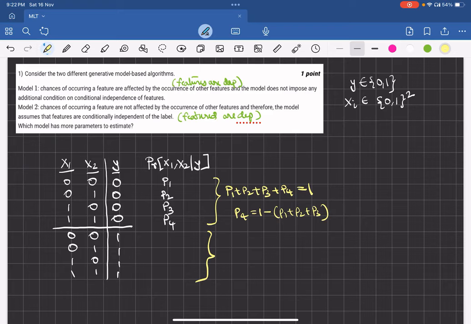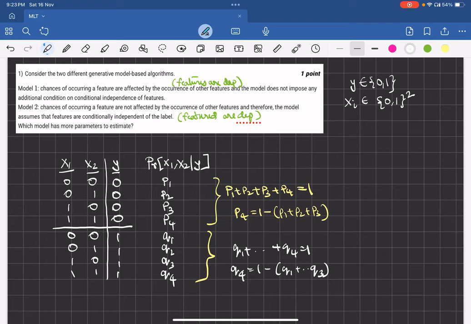Similarly, we will have parameters Q1, Q2, Q3, and Q4, which we will have to estimate. Again, the sum will be equal to 1, so Q4 can be obtained as 1 minus (Q1 plus Q2 plus Q3). So again, out of these four, we have to estimate only three because the fourth one can be automatically deduced.